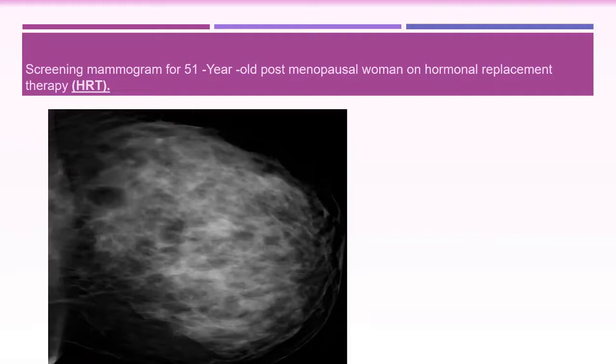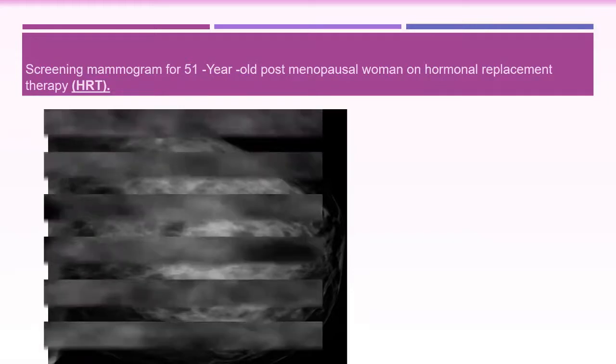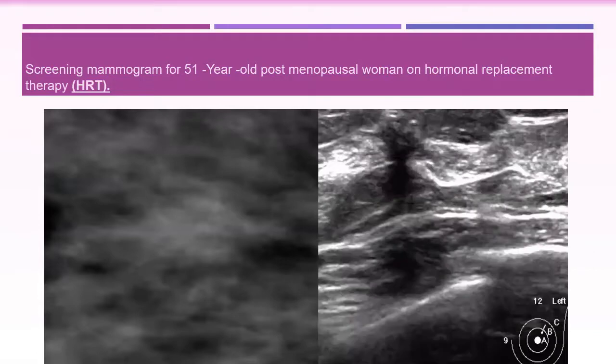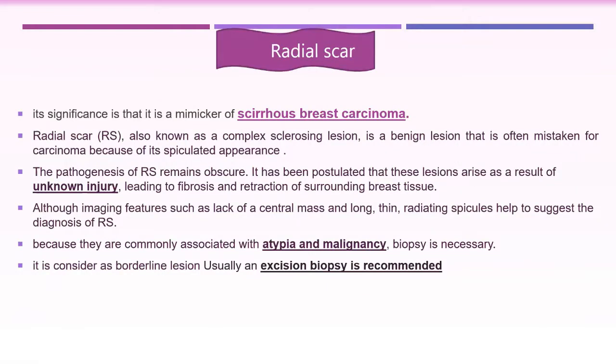Yes, could be radial scar, or complex sclerosing lesions, adenosis. Okay. You can see it now, and this is seen in ultrasound, and in this case it was a radial scar. Differential diagnosis includes scirrhous type of cancer.